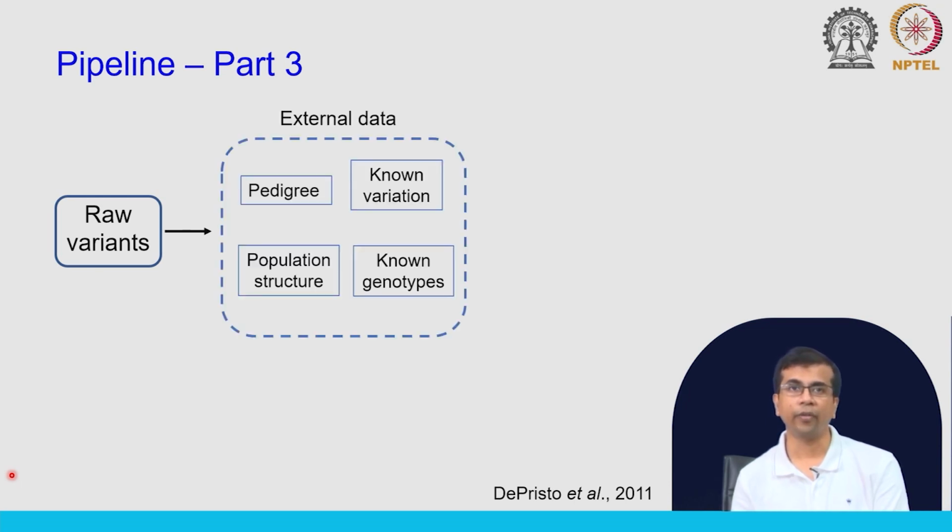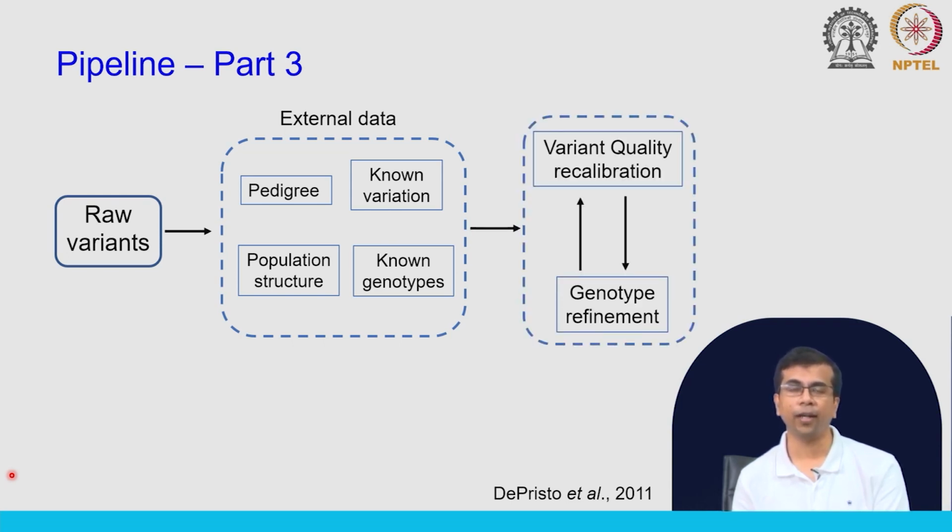So, we have raw variants and we can take some external data where we have an idea of the known variation or known genotypes, and compare against this external data set. And we do something called variant quality recalibration, which is also associated with genotype refinement. In essence, we are identifying which of the variants that we have identified are already present in those databases. So, these are high confidence variants and finally, we get this final variant list.